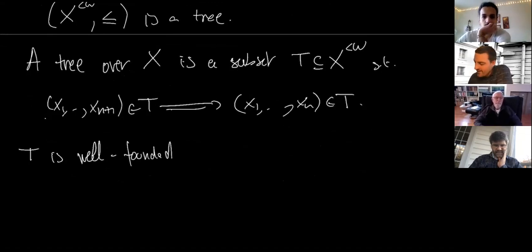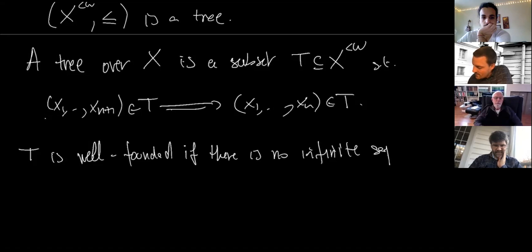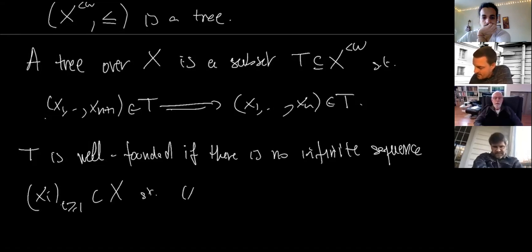A tree over X is going to be well-founded if there is no infinite sequence in X such that x1, ..., xn belongs to T for every n.